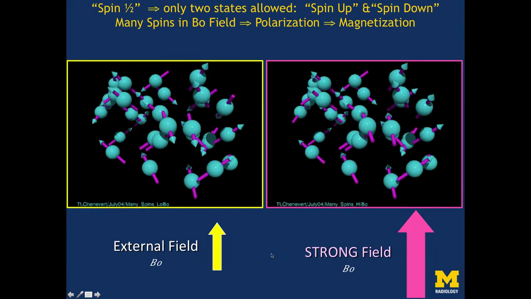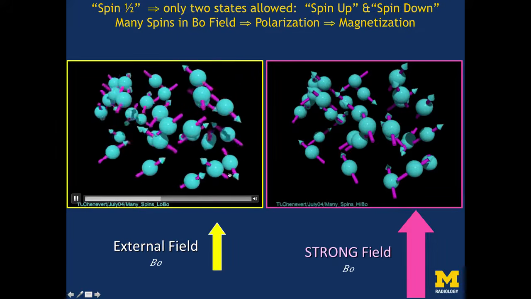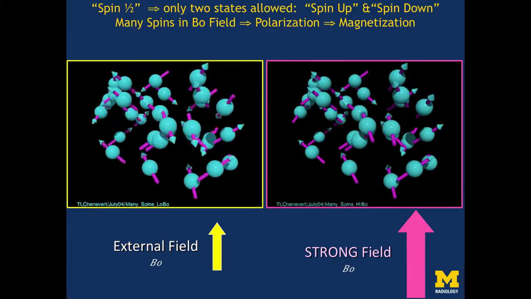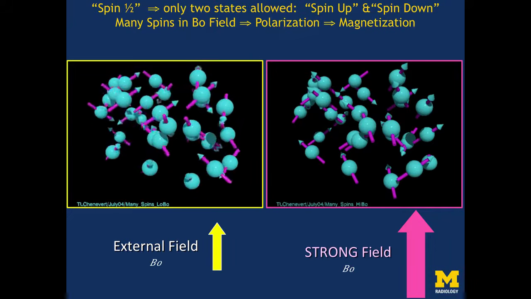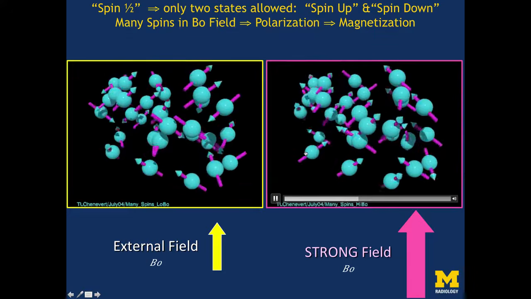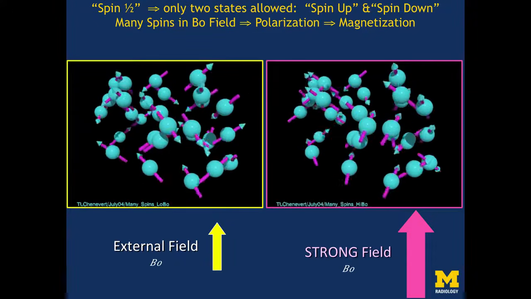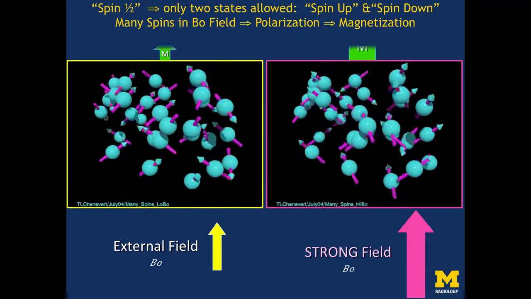Now, we don't make images of single spins, single nuclei. It's really the aggregate of a very large number of nuclear spins in our tissue. And it's essentially the average direction, the average polarization of the aggregate of all those spins that we will use to make our signal.